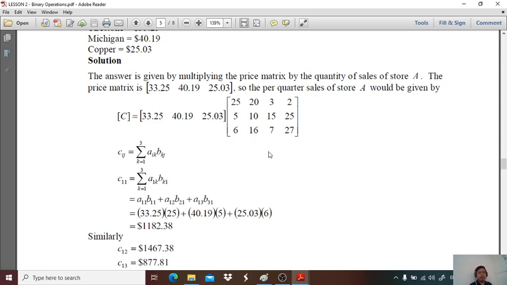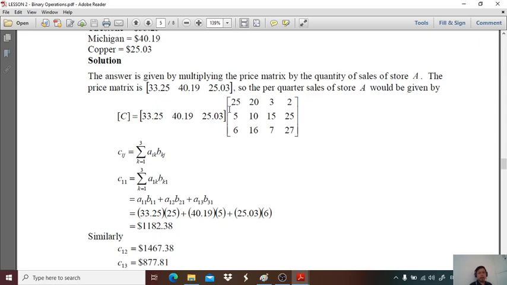So we have to multiply each, let's say 33.25, by 25, since this is for Tarstone. So this 5 will be multiplied by 40.19 since 40.19 is the price of Michigan. The same as for 6, we have to multiply by 25.03 times 6 since 25.03 is for Copper. And this row is for Copper.